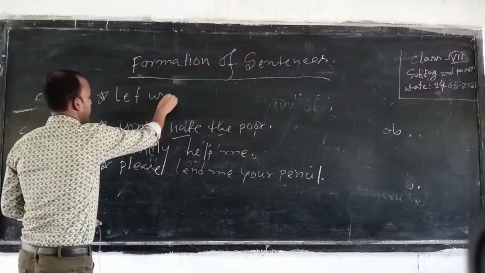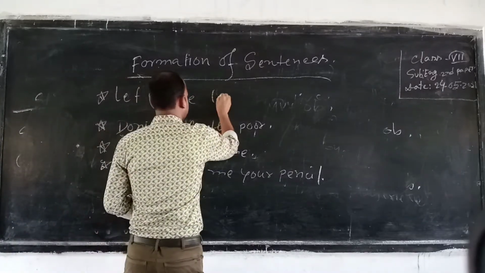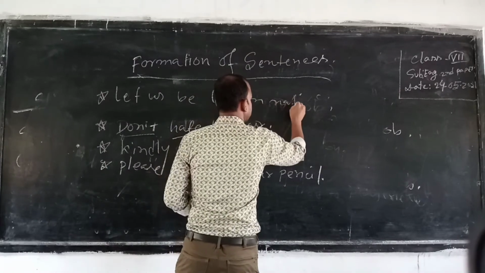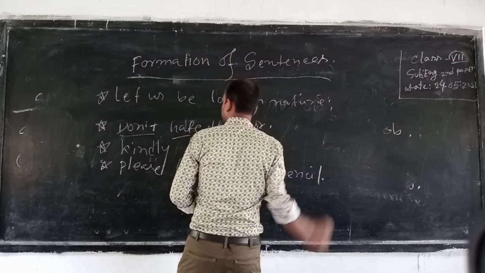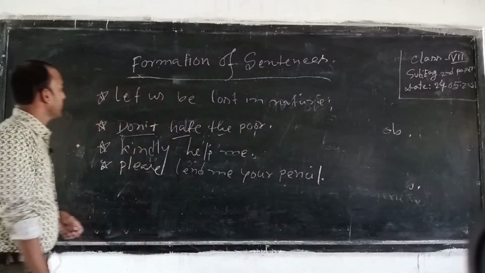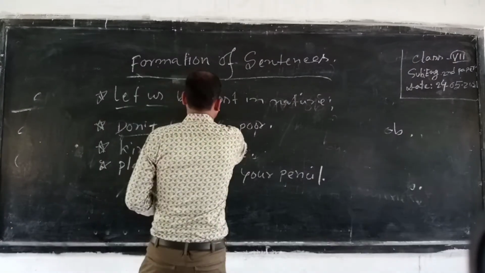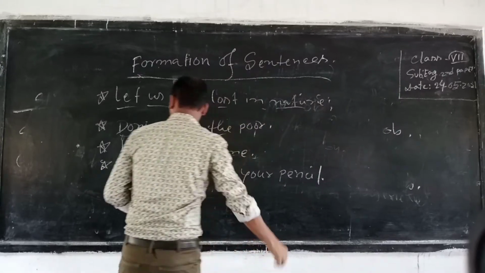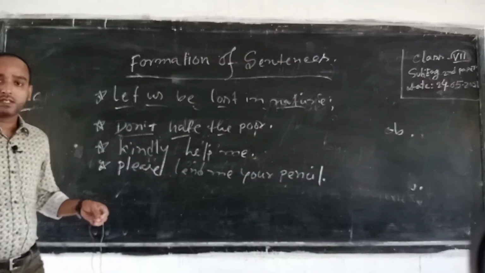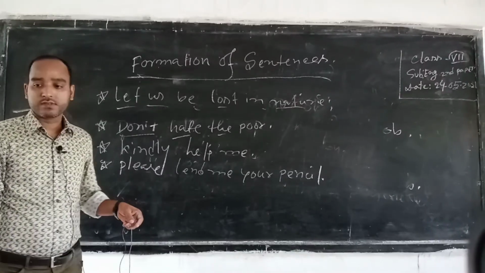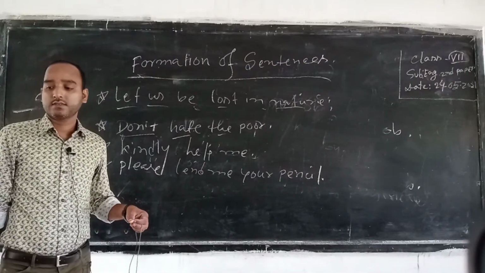Let us be lost in nature. So, let, then objective, then main verb, then object. I think you have understood my examples clearly.